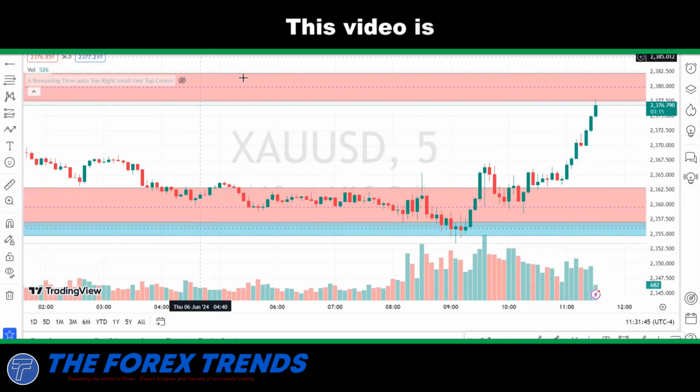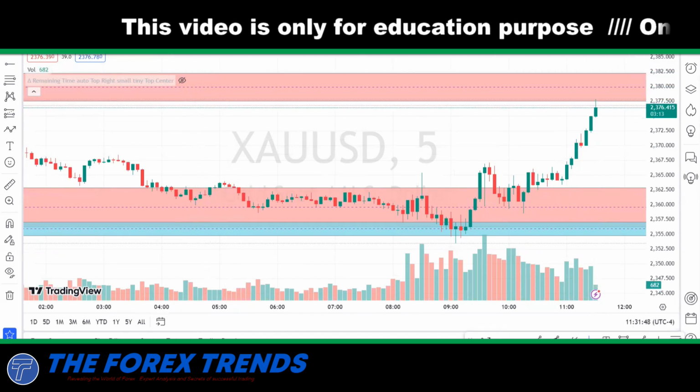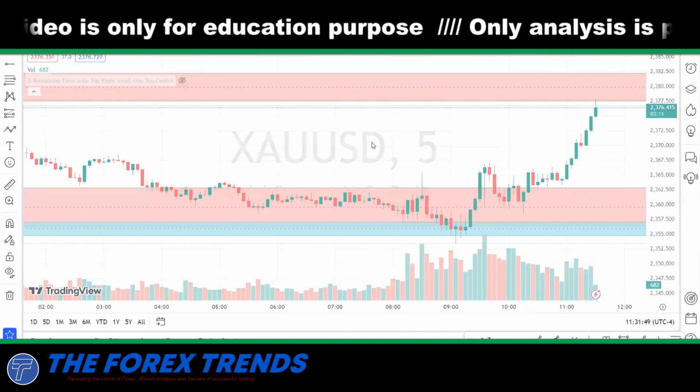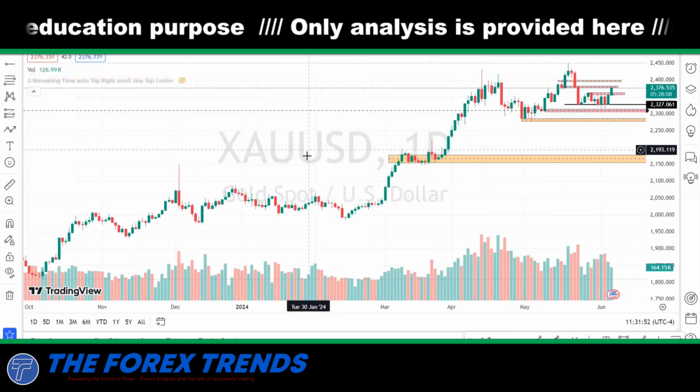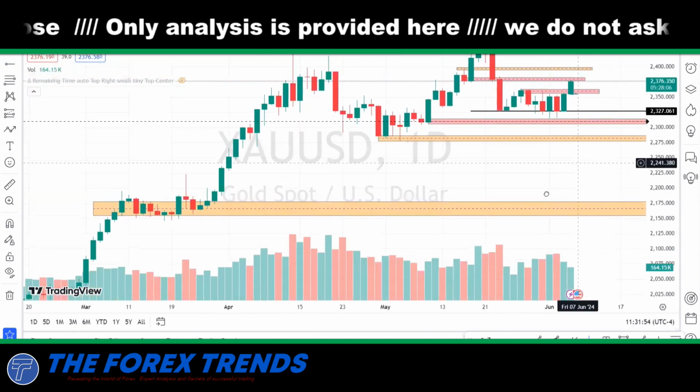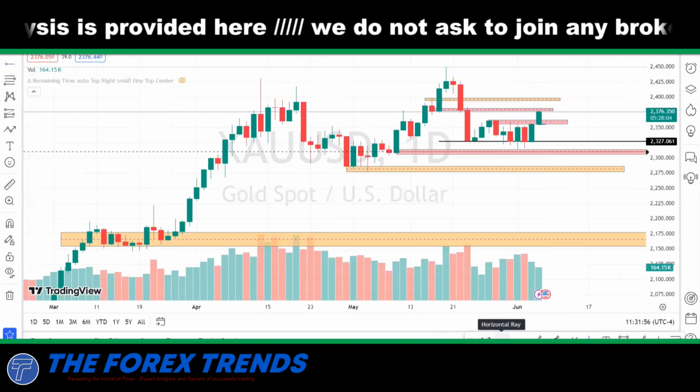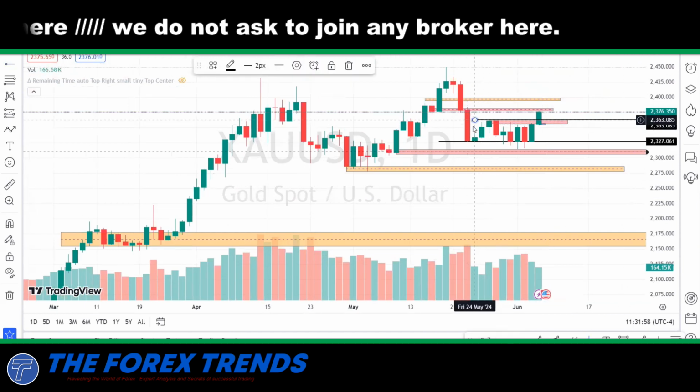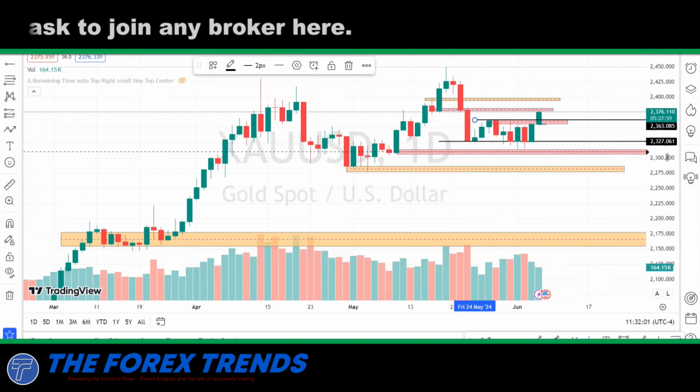Okay, so move back to the day frame. I think this is a good resistance in the daily structure.